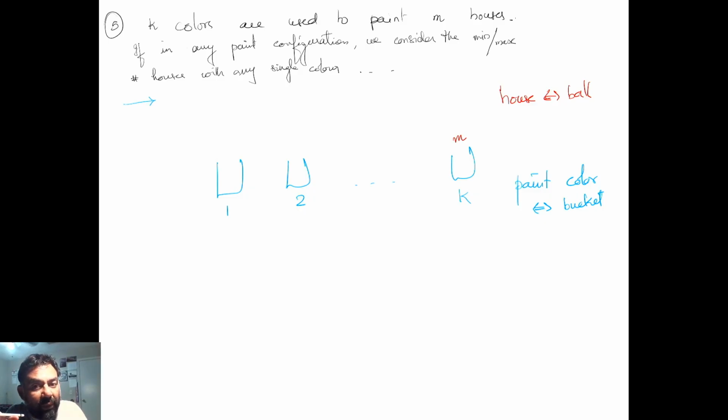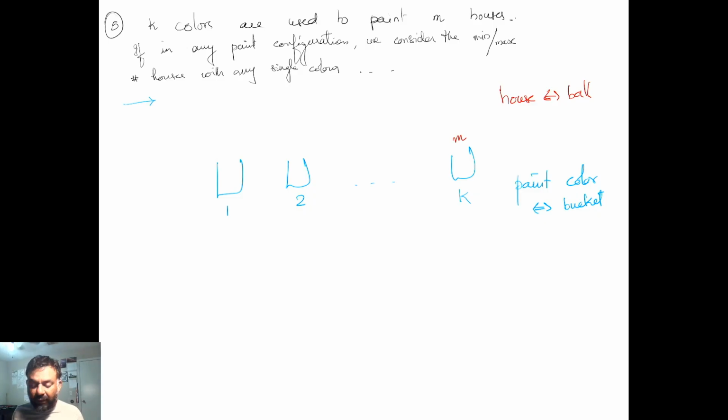If you do that, what happens? There are a large number of colors which actually are not at all used. So the minimum number of houses with a specific color is not a good question to ask.